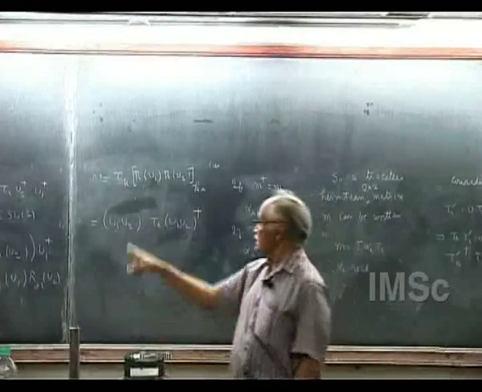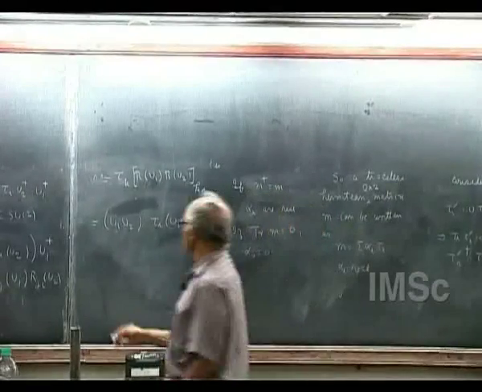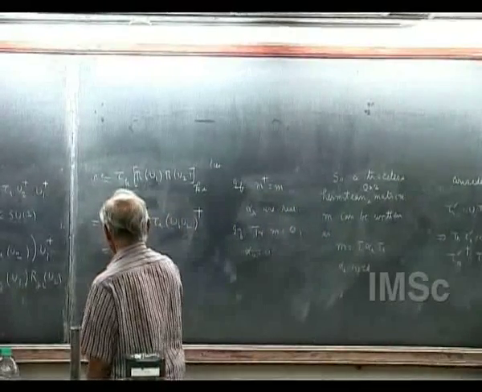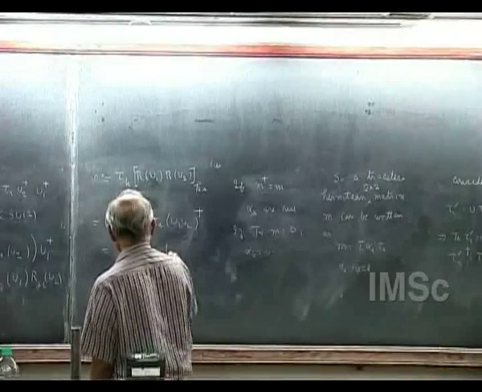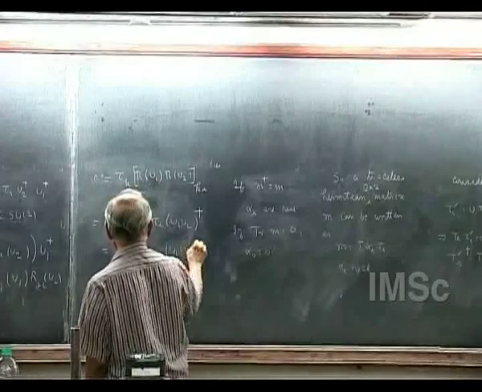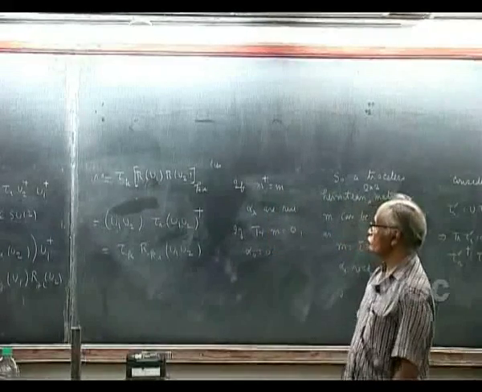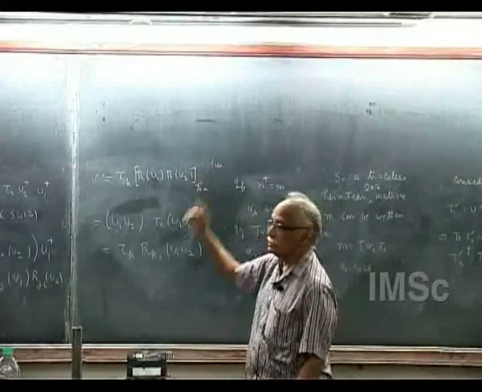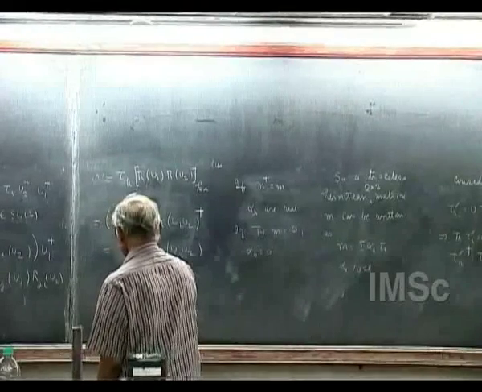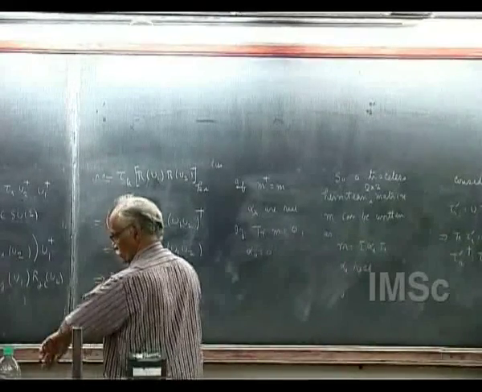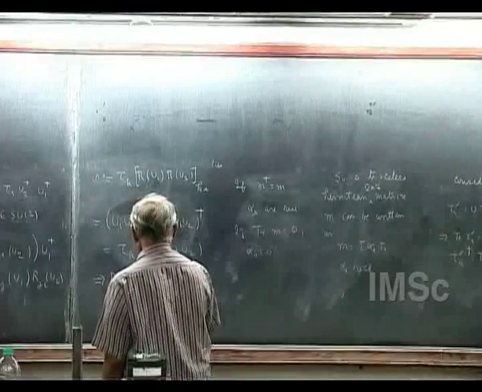This is again in SU2, so I can apply the same formula and you find that this is tau k R k i of u1 u2. Comparing this with this, we prove that R of u1 R of u2 is R of u1 u2.